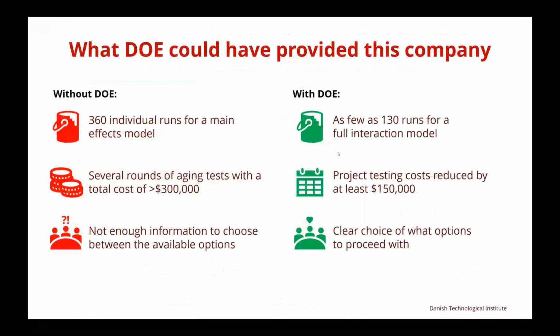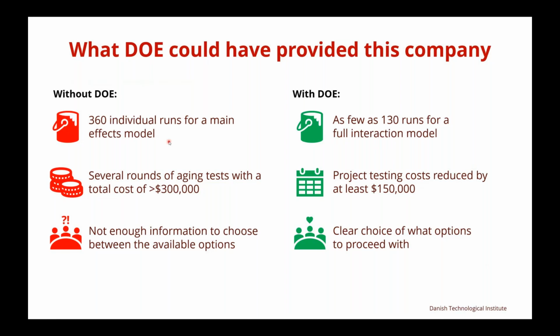Okay, so to summarize this stage, what could this company have won if they had used DOE? Well, being a little bit more critical with the design space and then trimming the number of levels in the first factor, the polymer, they might have been able to get down to as little as 130 runs, and that would still allow them to build a full two-factor interaction model.